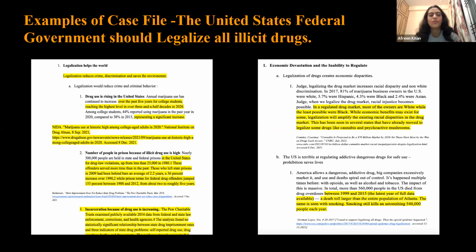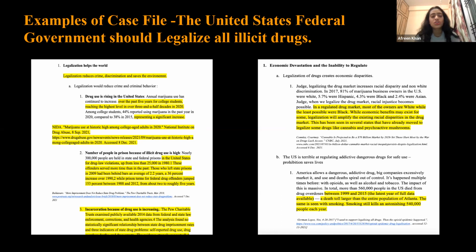They have quoted a particular paragraph which says that annual marijuana use has continued to increase over the past 5 years for college students, reaching the highest level in over 3.5 decades in 2020. Among college students, 44% reported using marijuana in the past year in 2020 compared to 38% in 2015, representing a significant increase.